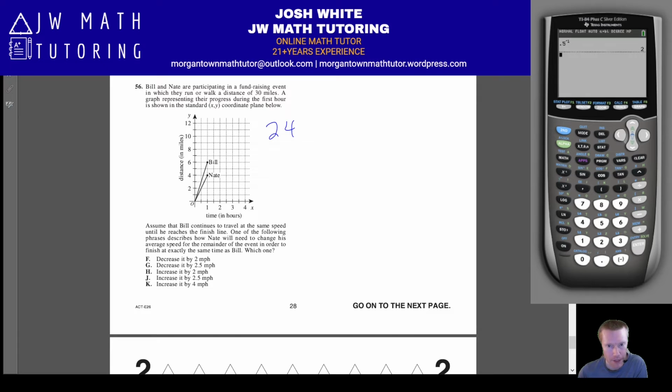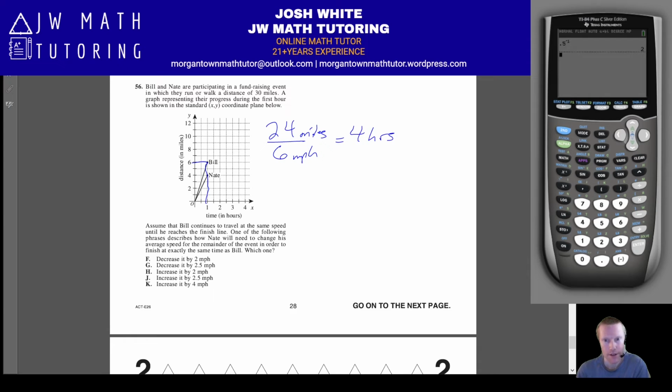And his current pace, notice, is 6 miles per hour because he went 6 miles in 1 hour. So we just divide the 24 miles he has left by the 6 miles per hour. So it's going to take Bill 4 hours to complete the rest of this fundraising event.